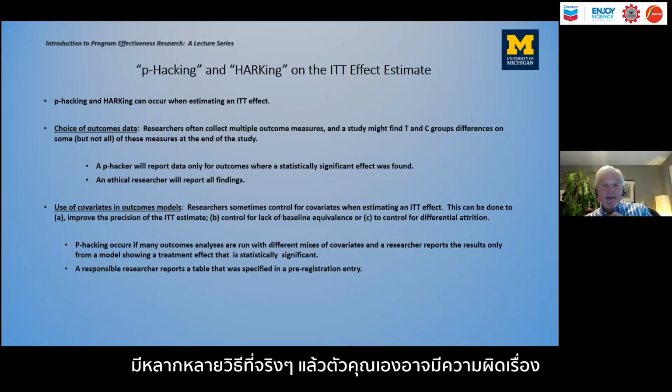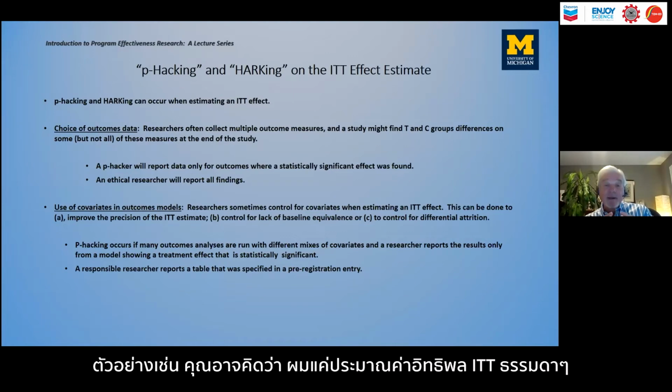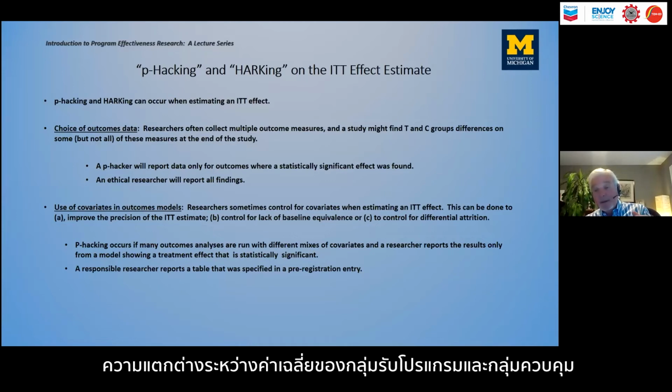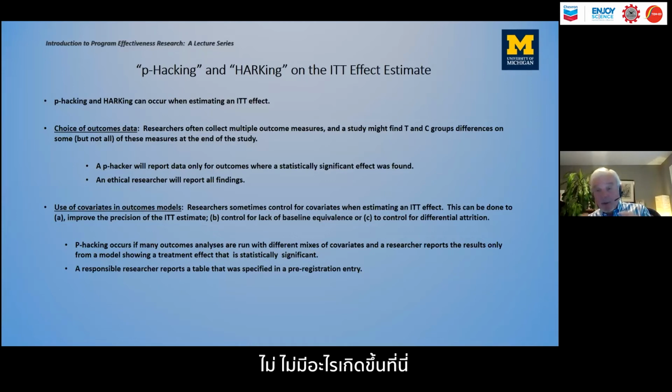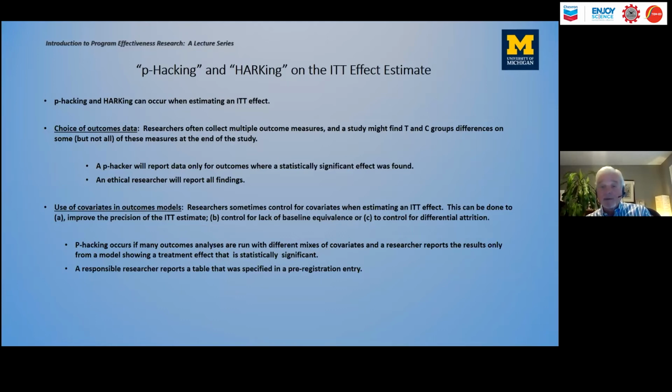So there are various ways in which you yourself might actually be guilty of p-hacking and harking. For example, you might think, oh, well, I'm just estimating a simple ITT effect, the difference in means between treatment and control. No, there's nothing going on here. How could I p-hack? Well, one way this occurs is, and you see this, researchers often collect multiple outcome measures.